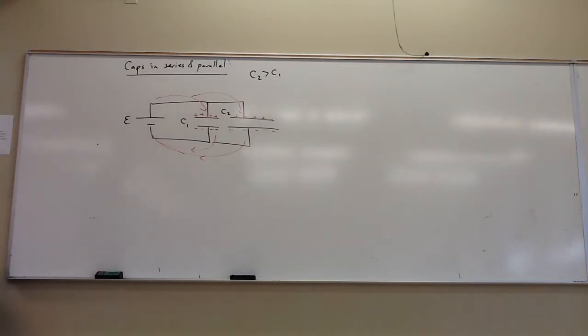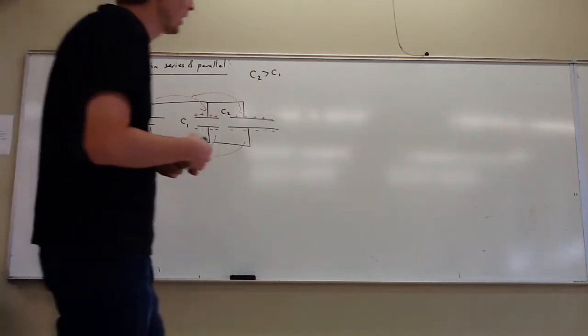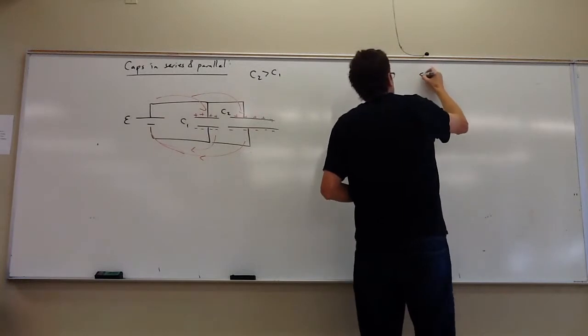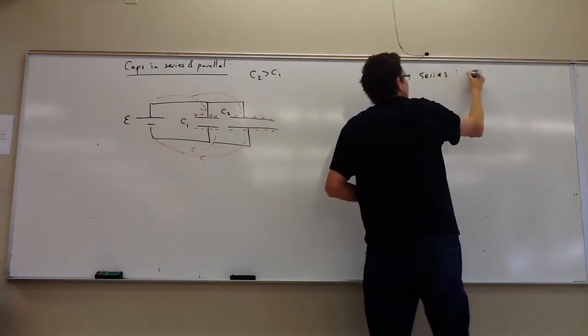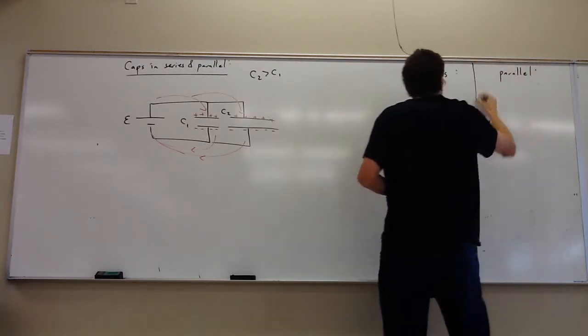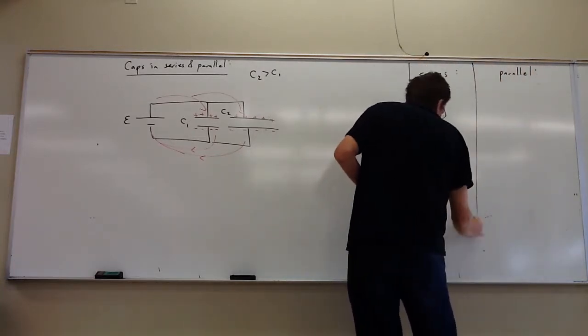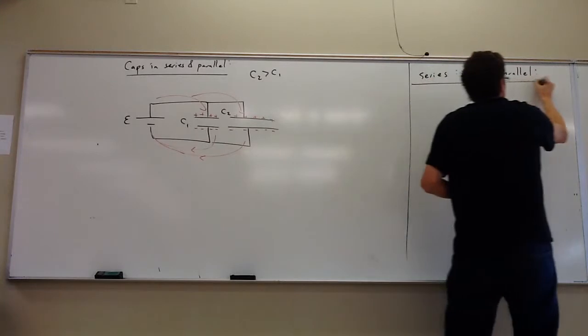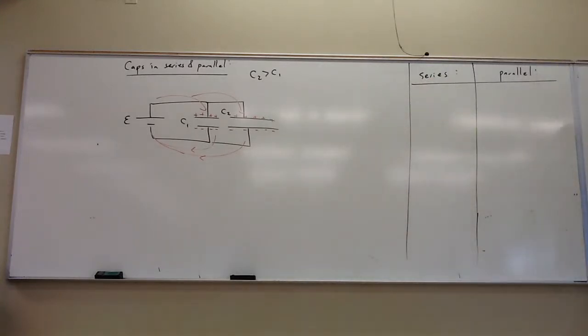And of course, by the very nature of parallel, whether they're resistors or caps, the voltage drop across both is the same, right? So let's start another kind of master chart here, series and parallel. We had a long column here for resistors in series and parallel.